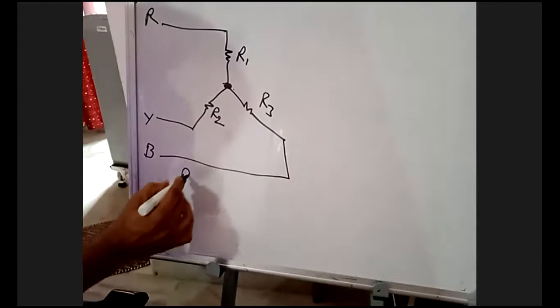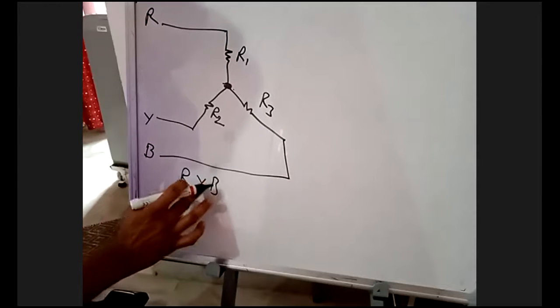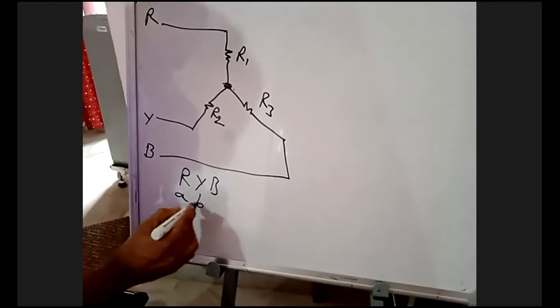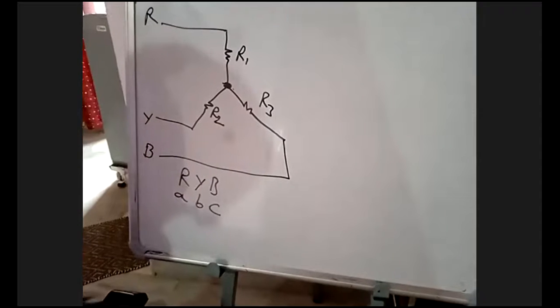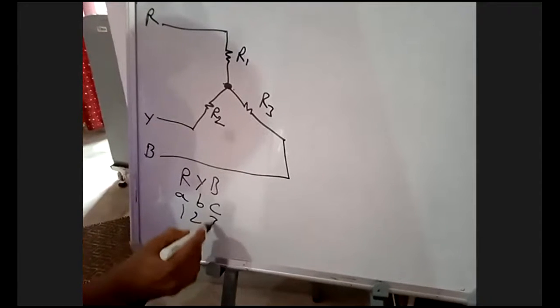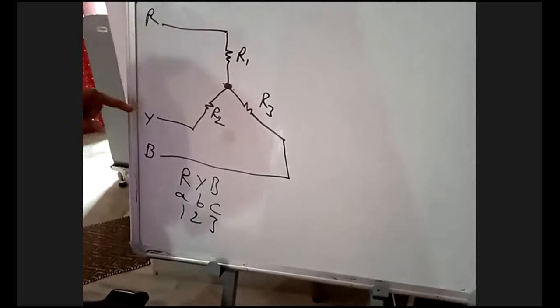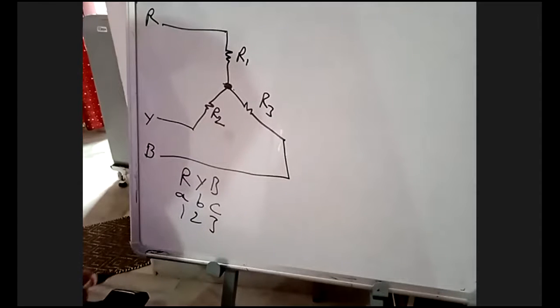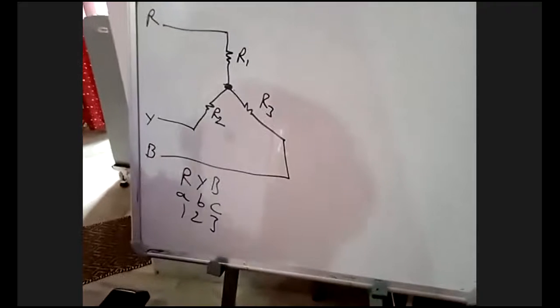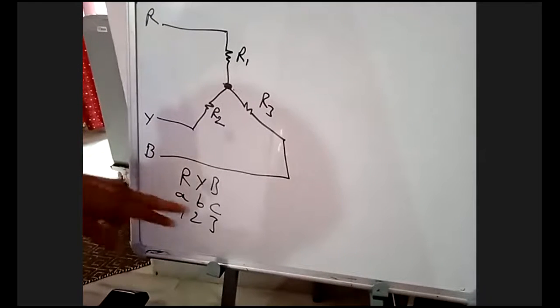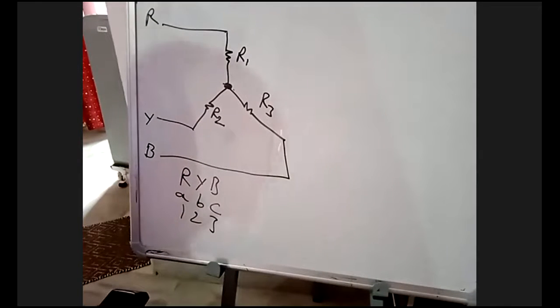We can also represent R, Y, B as A, B, C, or as 1, 2, 3, first phase, second phase and third phase. Representation can be anything.